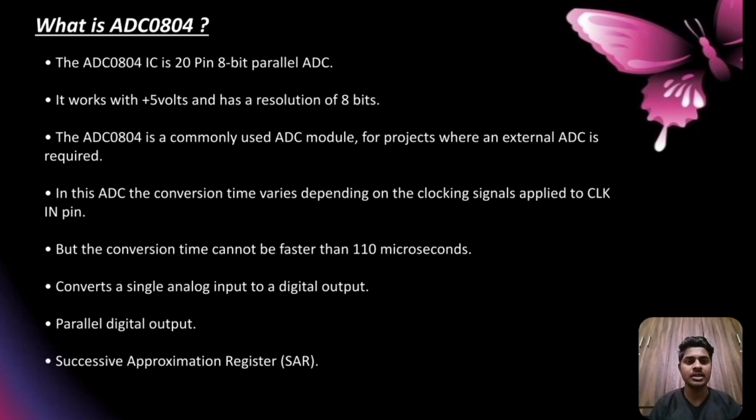In this ADC, the conversion time varies depending on the clocking signals applied to the clock in pin, but the conversion time cannot be faster than 110 microseconds. It converts a single analog input to a parallel digital output.